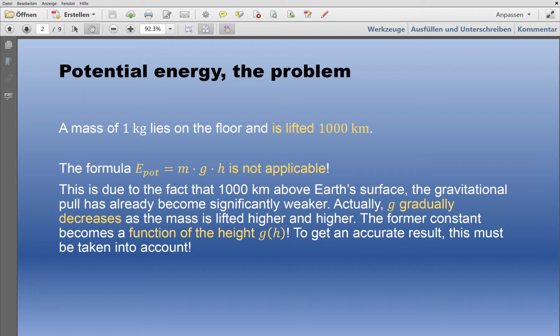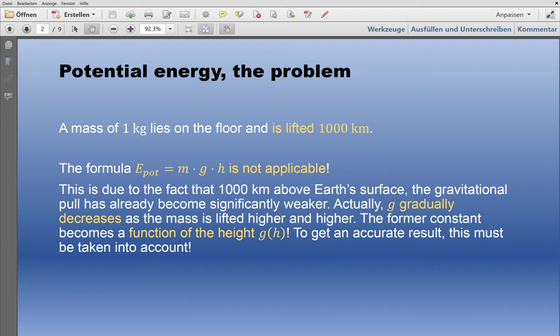It is not applicable because 1,000 kilometers above Earth's surface, there is some sort of weightlessness. Okay, we don't weigh the same amount anymore.